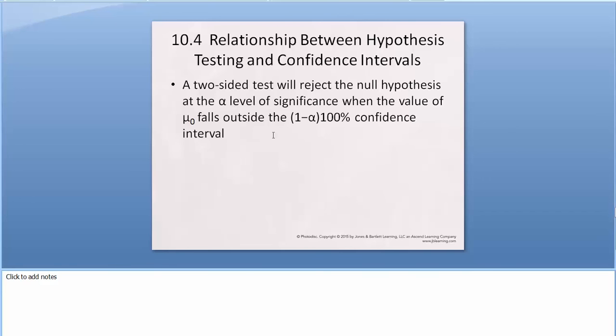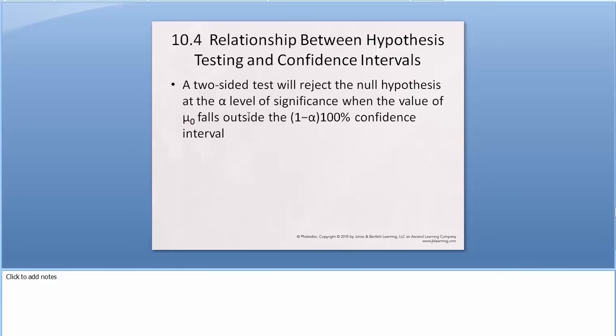Okay, now the only thing is, remember, we can create lots of confidence intervals, right? But see, this equivalence is true if you have the same alpha. So the alpha level of significance, if alpha equals 0.05, when you plug 0.05 in here, this works out to be 95.